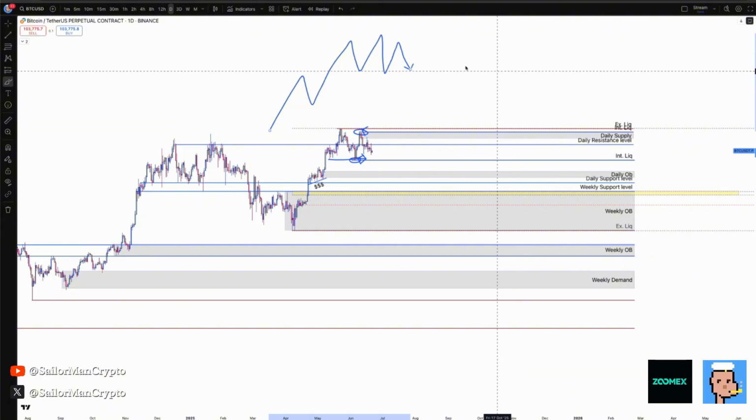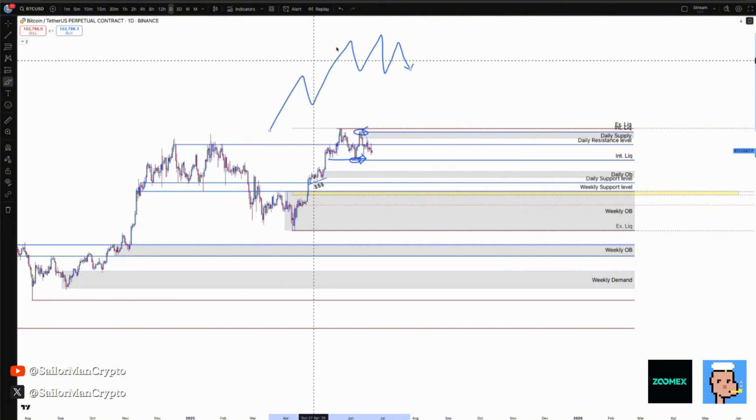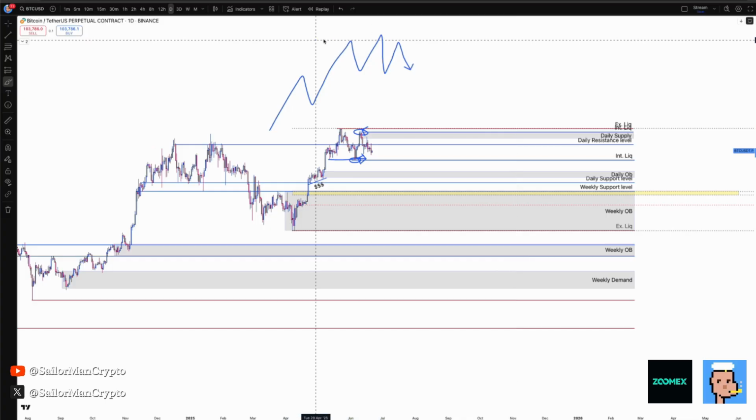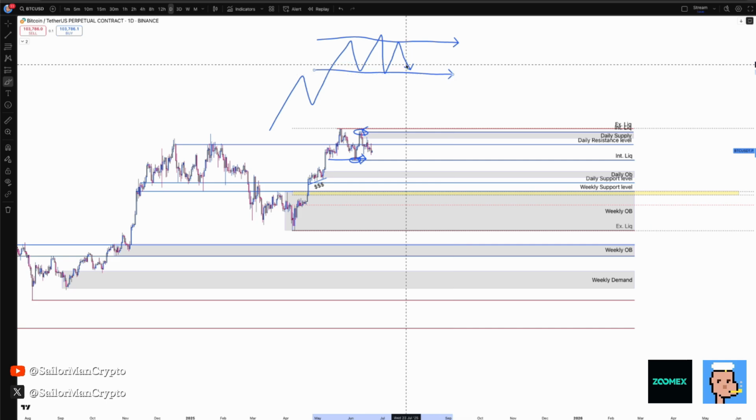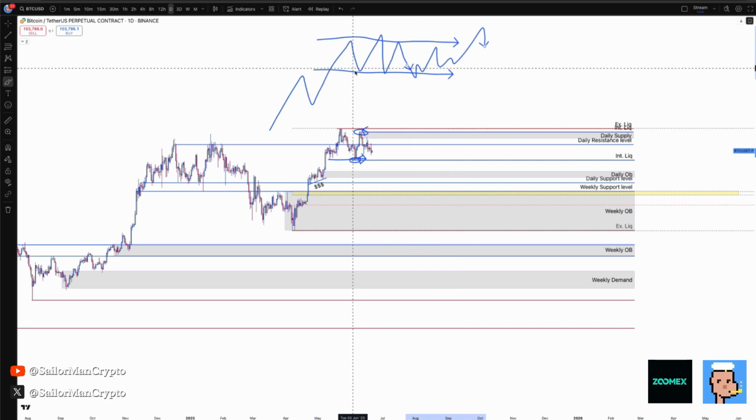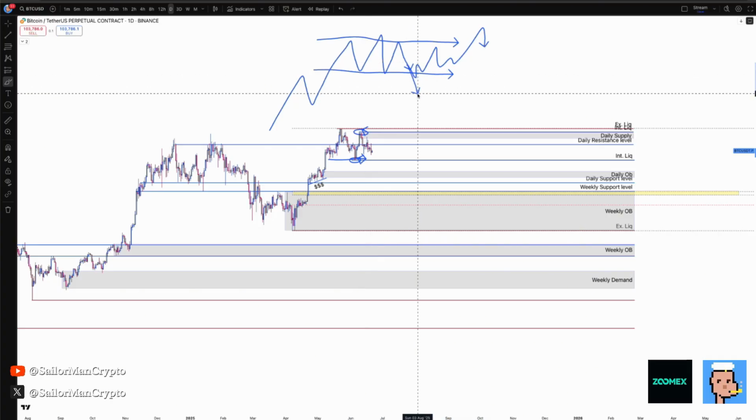So this could be the development of two things. As you know, it could be uptrend, downtrend, or range. In this case, this could potentially start to be a range if this level is chopped up, or could be the beginning of the downtrend if we continue to move in this way.